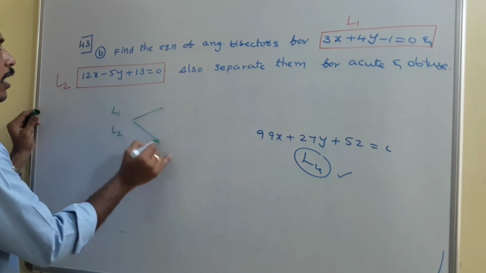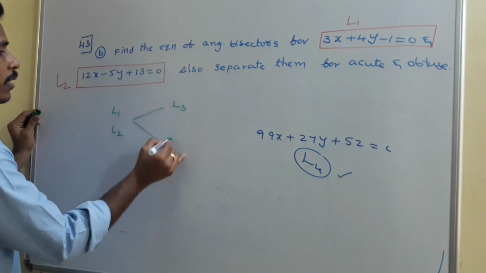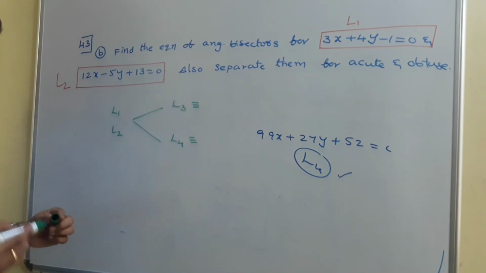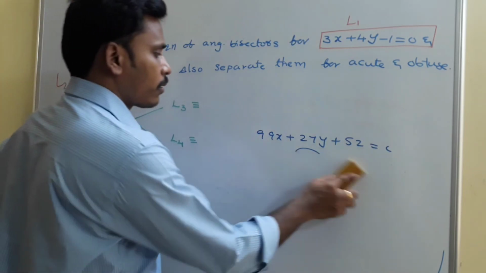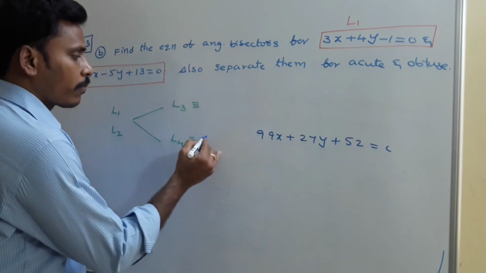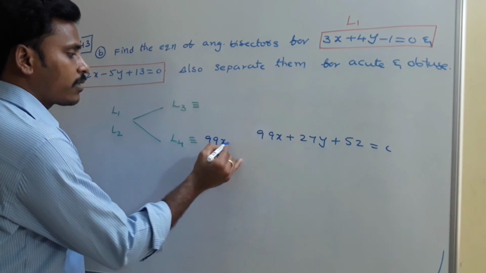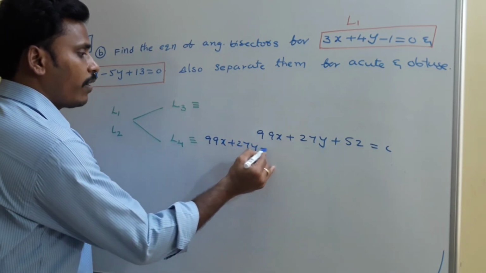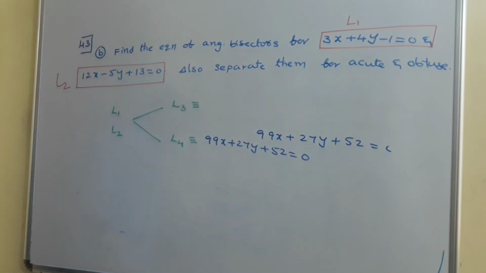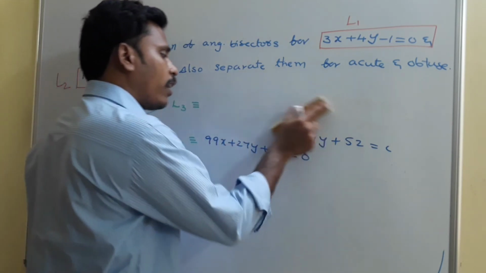With these, I found two angular bisectors, L3 and L4. I erased L3 actually, but L4 I have here. What is that L4? 99x plus 27y plus 52 is equal to 0.